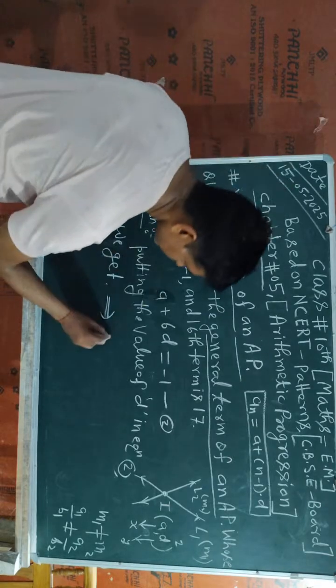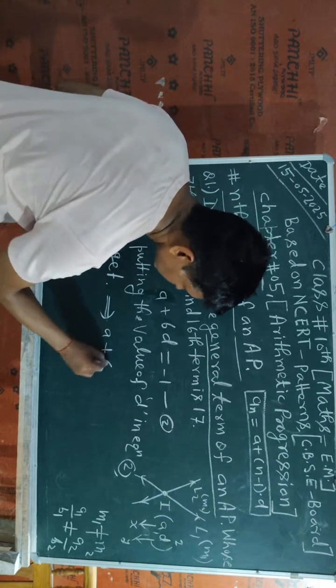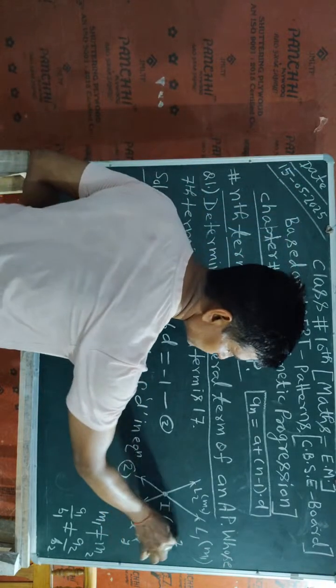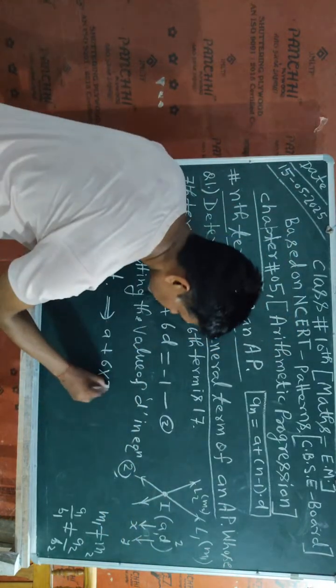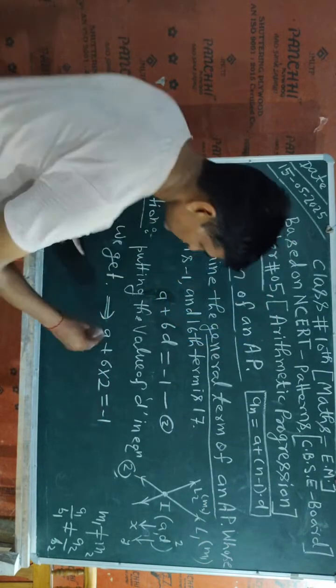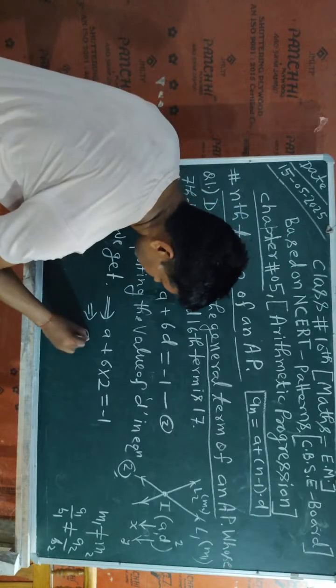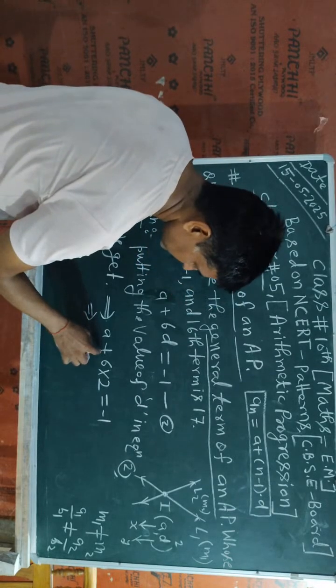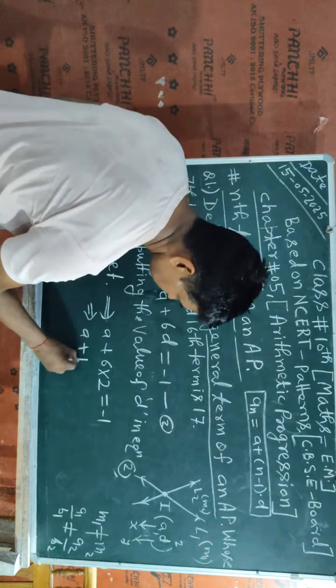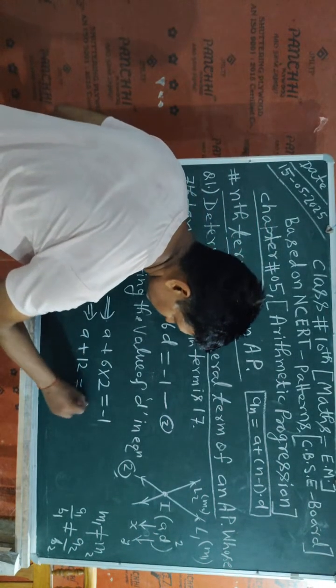So here I have to write A. Now in place of D, I have to put the value of D, which is equal to 2. So here I will put 2, and then minus 1. Now further I will simplify. Here plus 6 times 2 is 12, so A plus 12 is equal to minus 1.